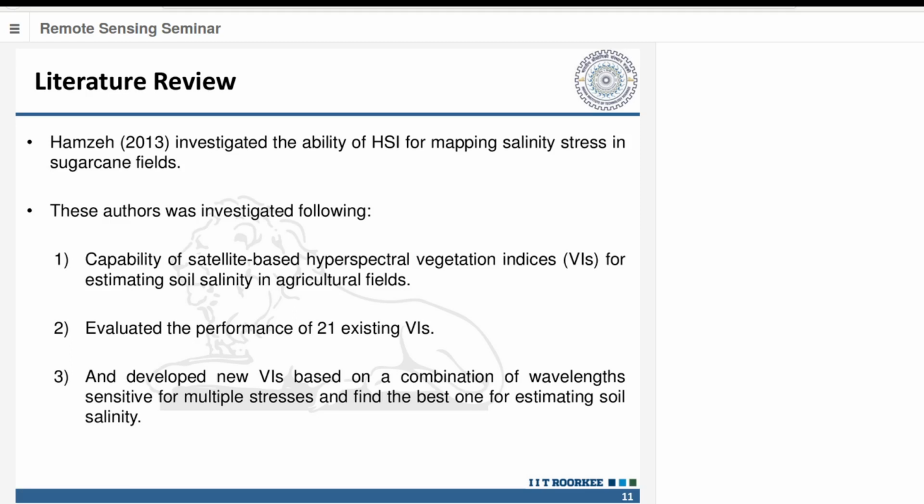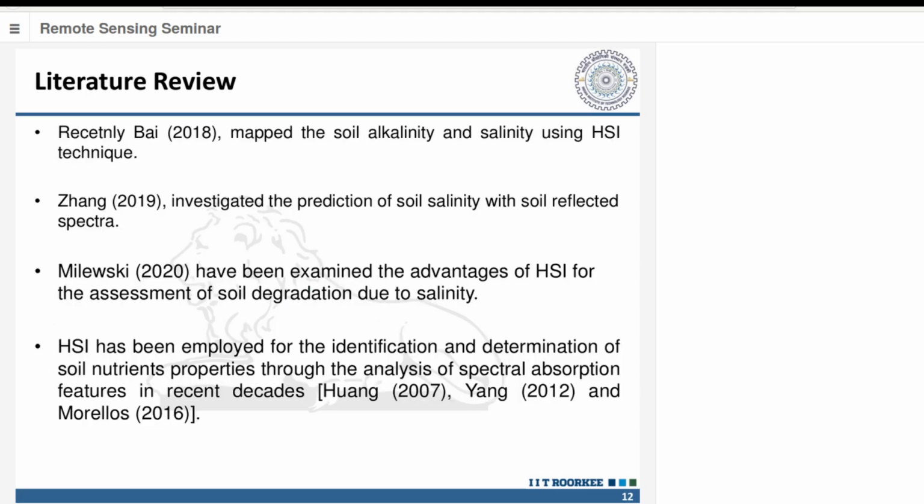These authors used satellite-based hyperspectral vegetation indices for estimating soil salinity in agriculture fields, evaluated the performance of 21 existing vegetation indices, and developed new vegetation indices based on a combination of wavelengths sensitive to multiple stresses, and found the best one for estimating soil salinity. Recently, in 2018, they mapped soil alkalinity and salinity using the hyperspectral technique.